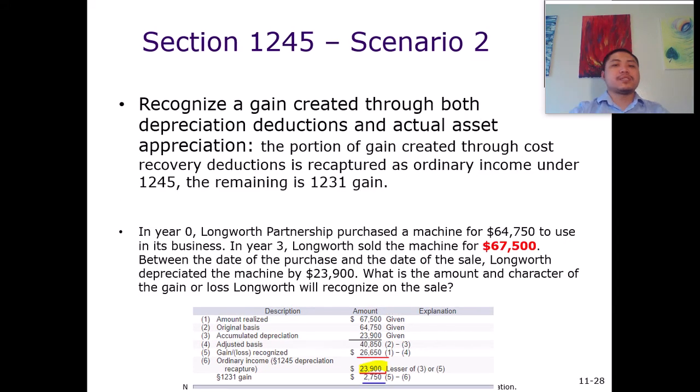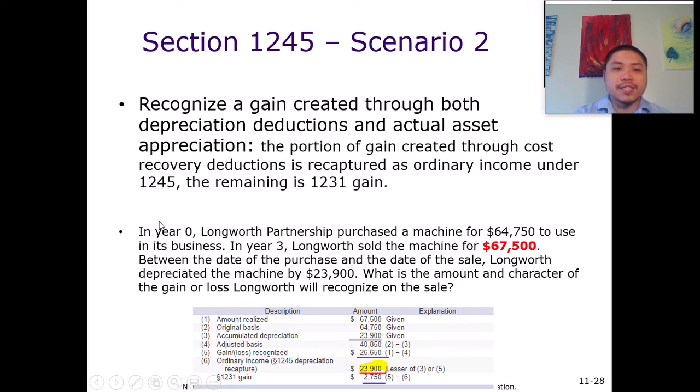Let's look at the second scenario. The second scenario is where the gain is created through both depreciation and also through the appreciation in value of the property. So let's look at this example. It's really the same example, but with a different amount here.